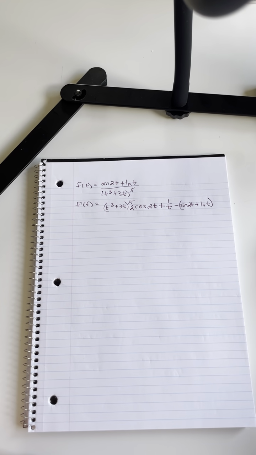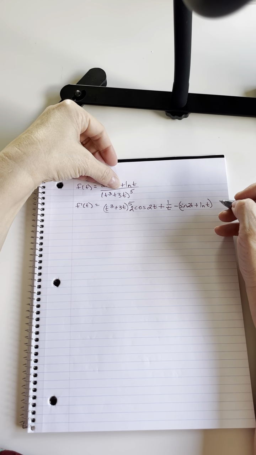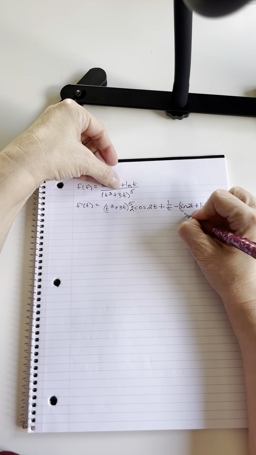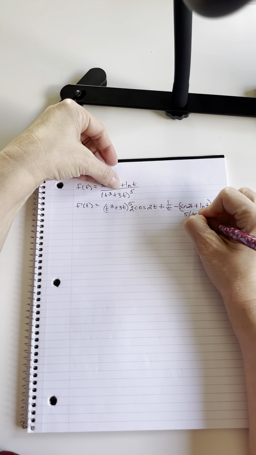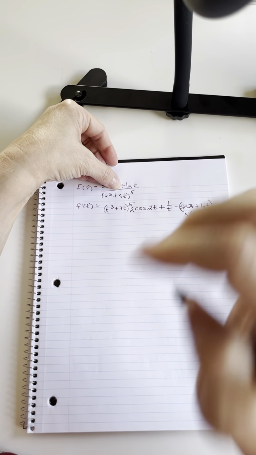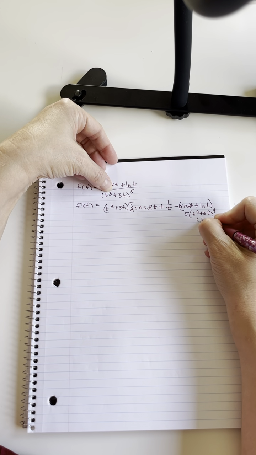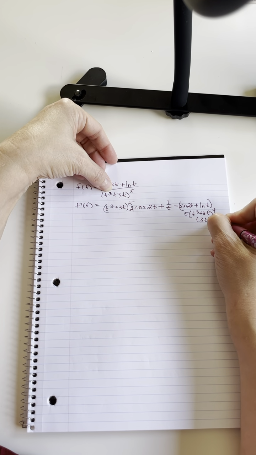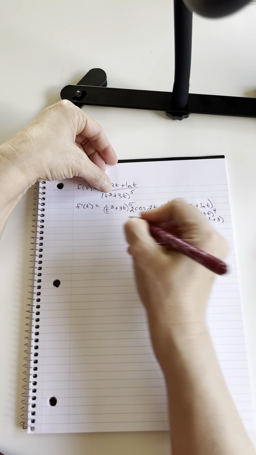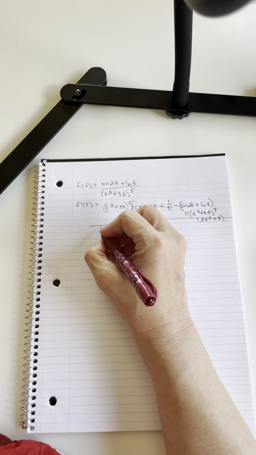Derivative of the bottom, oh boy, okay, so that goes to 5 times t cubed plus 3t to the 4th, deriving the inside goes to 3t squared plus 3, all over the square of what's below.